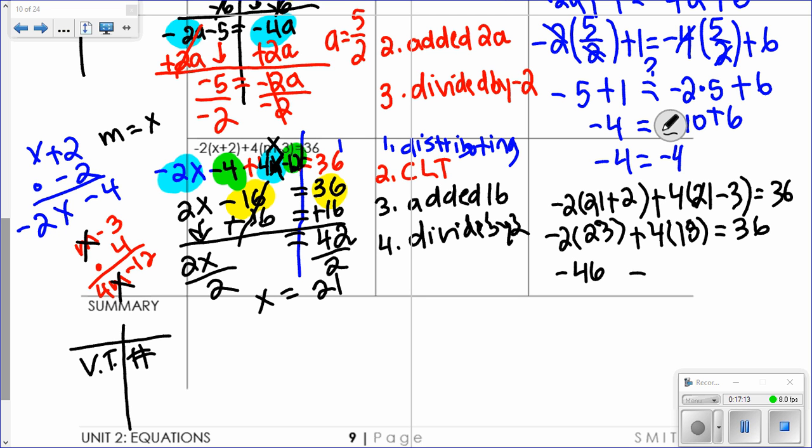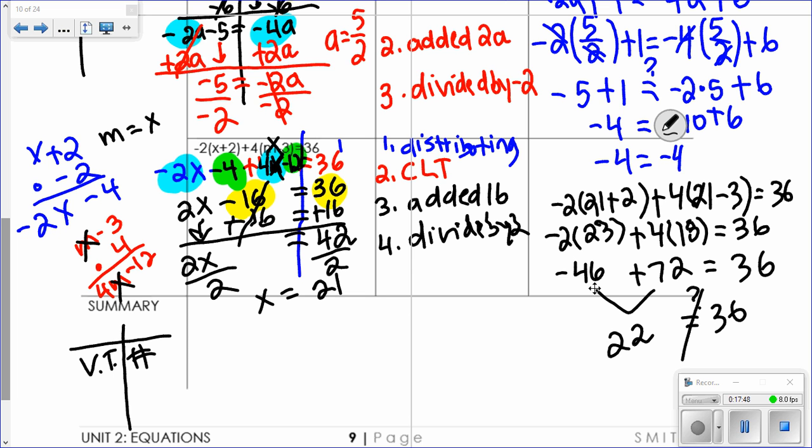So 4 times 18 is 72. And subtracting 46 from 72, I get 22. 22 equals 36? Question mark.